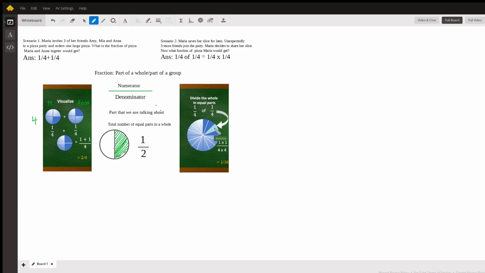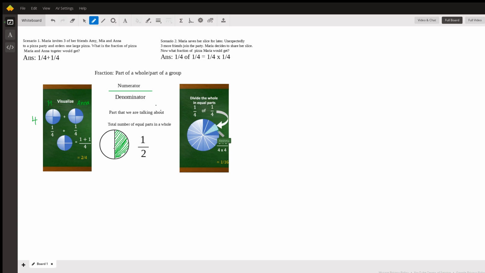Let's look at this diagram. We split this 1/4 into 4 equal parts again, so each friend would get one slice of this. That is 1/4 of 1/4.